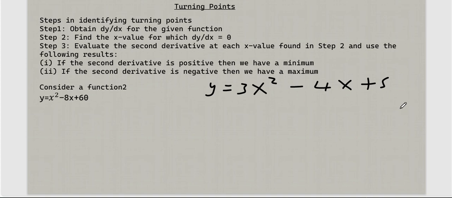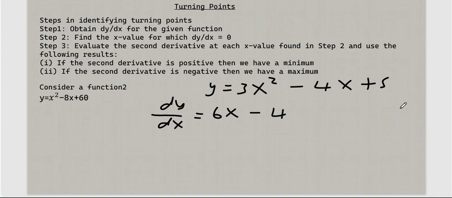So what is the value of x at the maximum point or at the minimum point, or where the gradient is 0? Again, you do dy by dx first so that you get the gradient. So this will be 6x minus 4. I hope you can follow me because I'm not repeating. So that's your dy by dx.